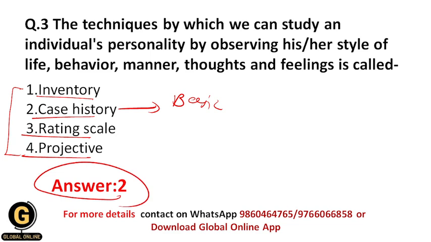The other options such as inventory, rating scale and projective are also techniques, but they are techniques by which we can't study an individual's personality by observation. That's why the correct answer is 2, that is case history.